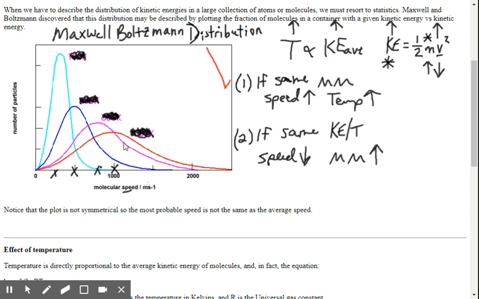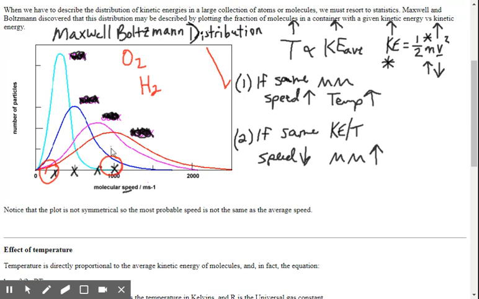So let's say I was just looking at this red line and this teal line, and one of these is oxygen, O2, and the other is H2. And I had to identify which line is which. Conceptually, what I'll do is look where the peak is on the x-axis.